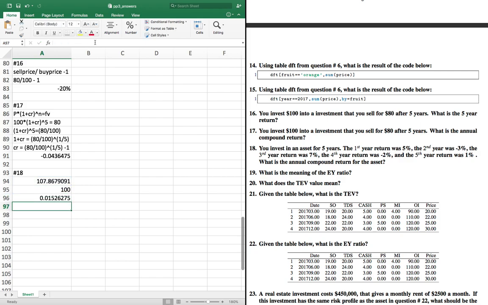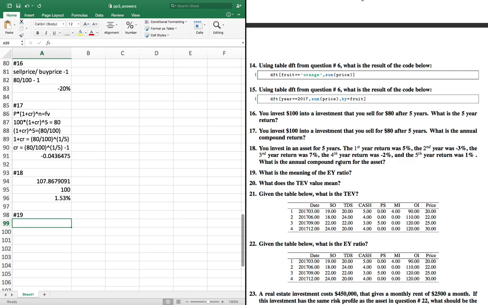And so my compound return is basically going to be about 1.53% annually. So that's how we went from number 18, converted into a problem like 17, and just used that ratio all over again. All right? Number 19.